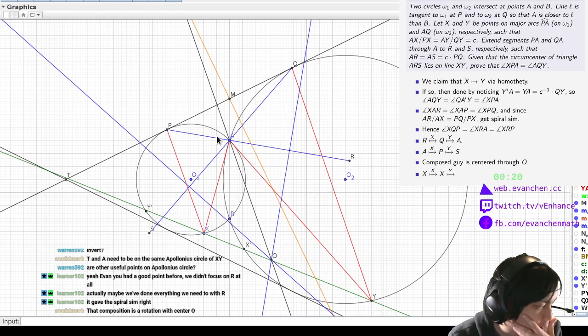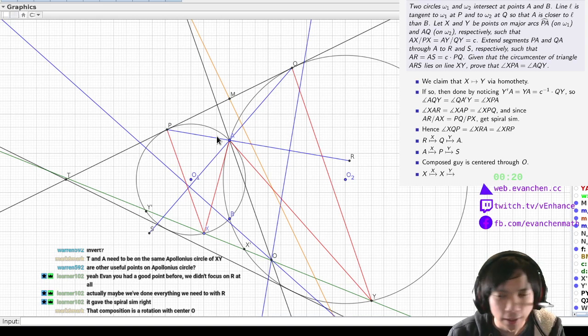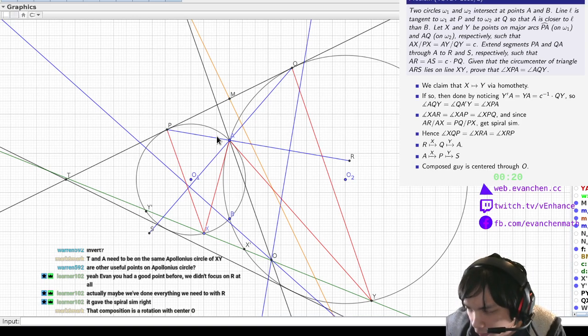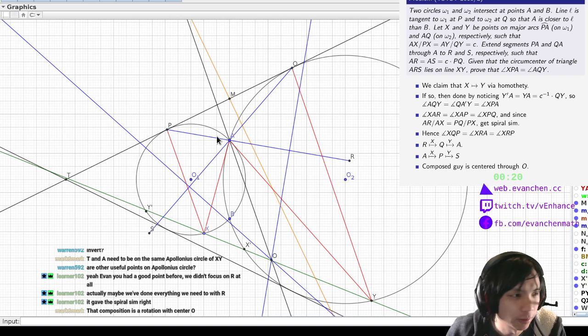X is fixed under the first one, and then through the Y it goes somewhere. I don't know what that means actually. If the composition of two homotheties has its center, what does that tell you about them?